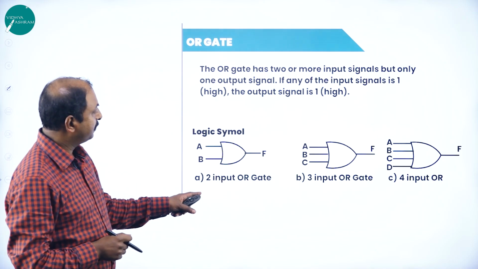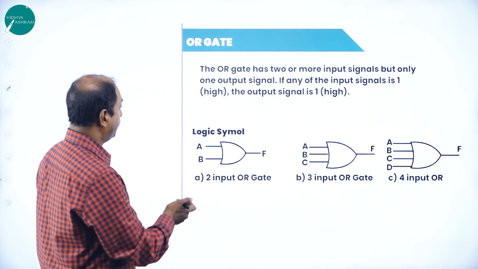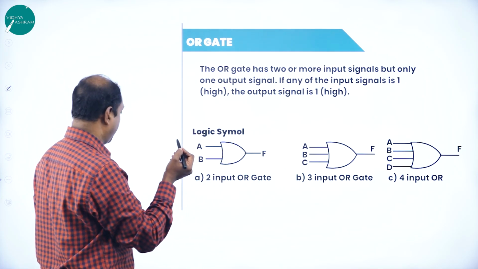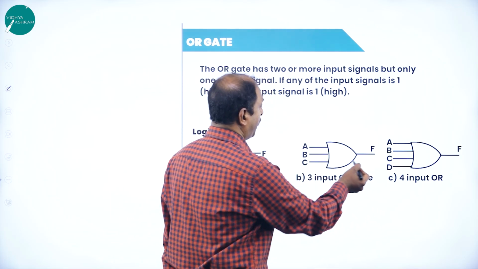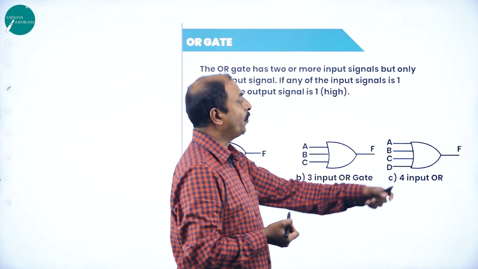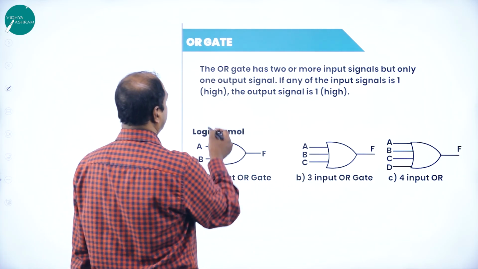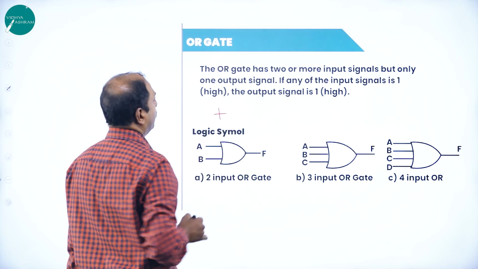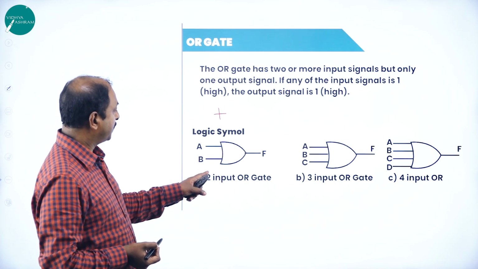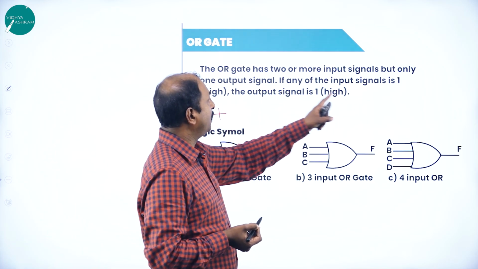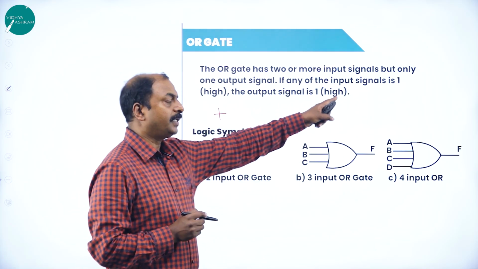This is the logic symbol, or logic circuit, for a two input OR gate. Here A is one input, B is another input, and F is the output. This is a 3 input OR gate, and this is a 4 input OR gate. We represent the OR gate with the plus symbol. So this is the logic circuit and the definition: if any of the input signals is 1 or high, the output is high.